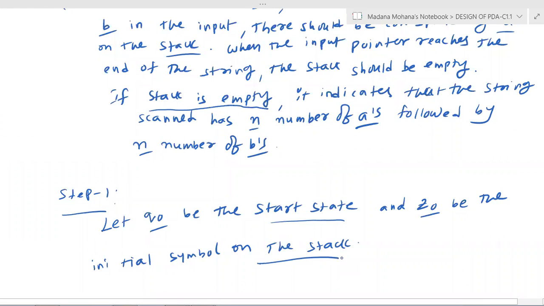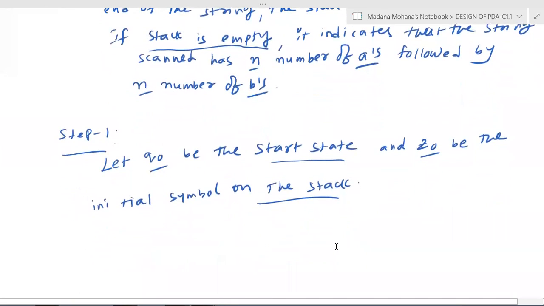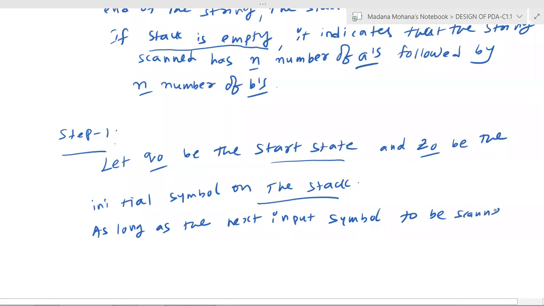Then what you have to do, as long as the next input symbol to be scanned is A, irrespective of what is there on the stack.